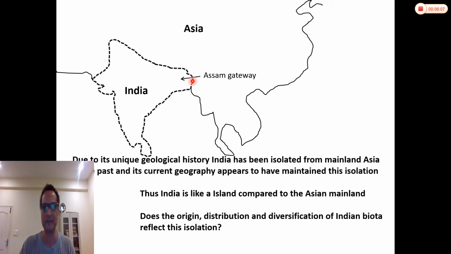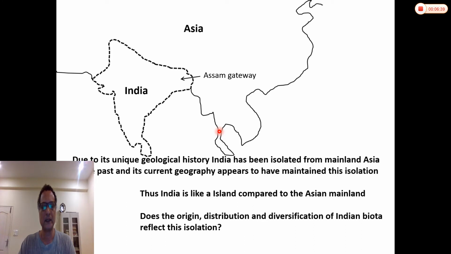But before that, due to its unique geological history, India has been isolated from mainland Asia in the past, right? So while it was drifting, it was an island, and its current geography, as well as the climatic conditions to the north and the northwest, has maintained this isolation. So India is like an island compared to mainland Asia.